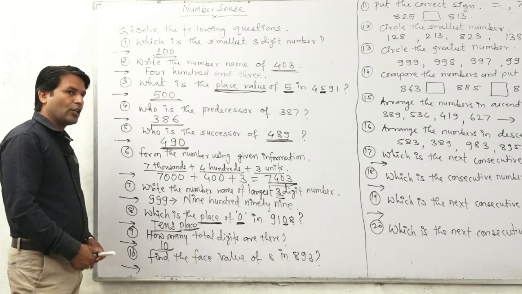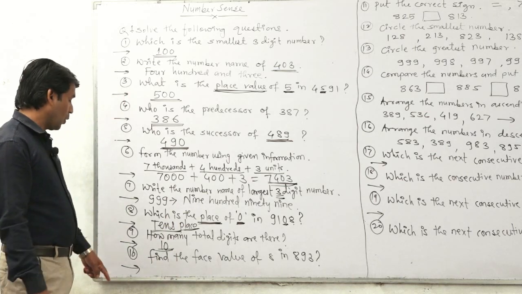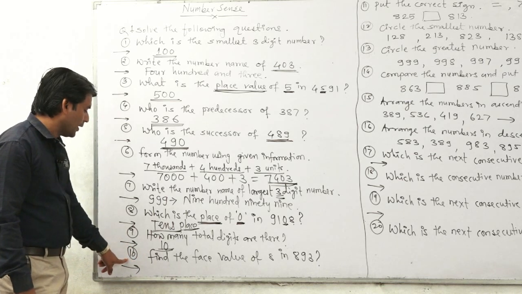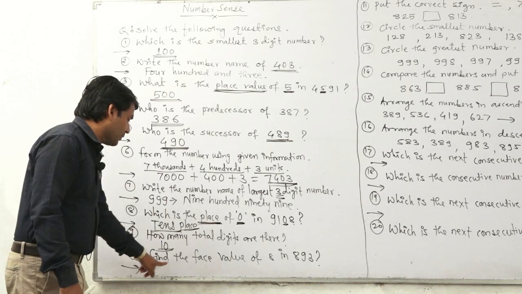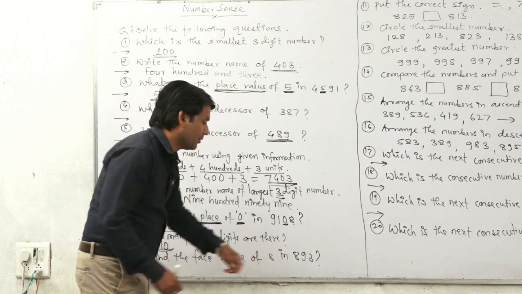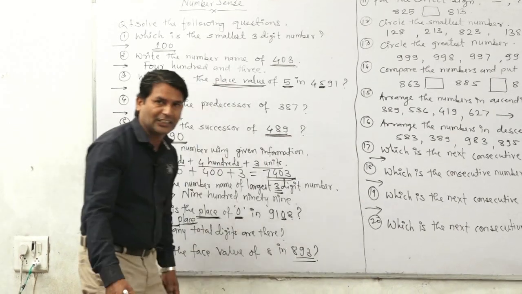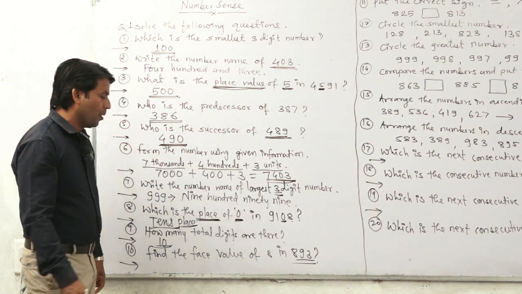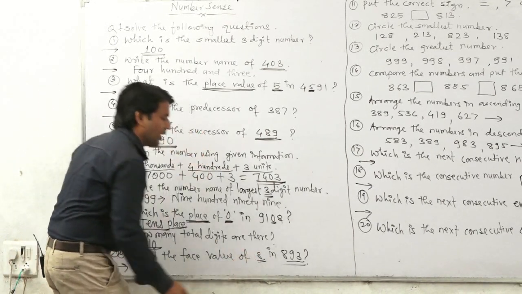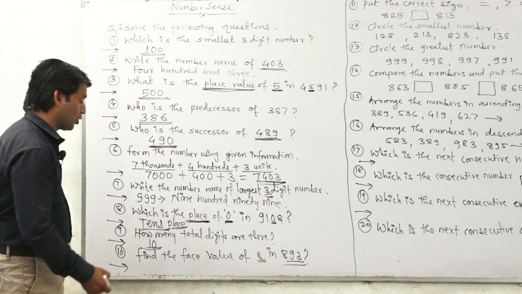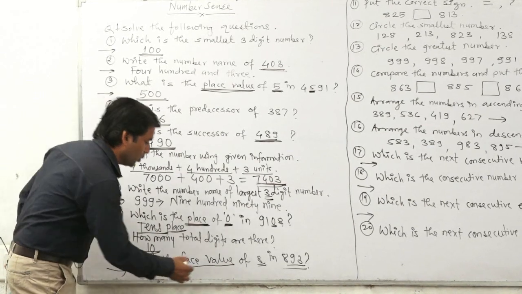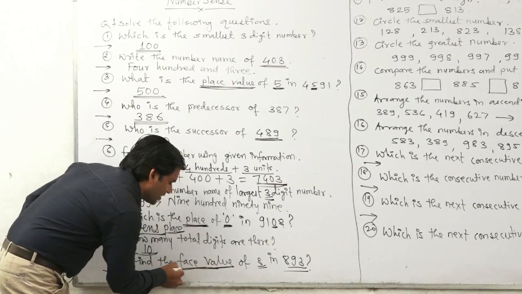After that, question number 10. Find the face value of 8 in the given number. This is the last one. So we have to find out not the place or place value, but the face value.